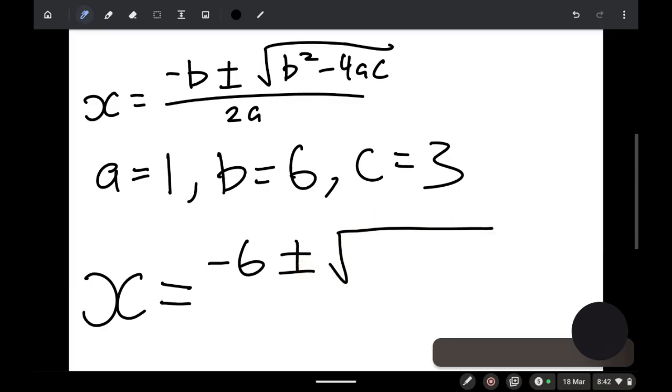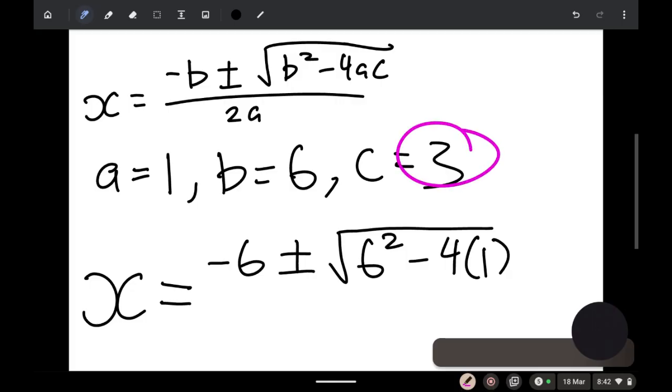Okay, b square, so our b is a 6 as we all know, and we have to put a square, so it would be 6 square. Okay, then minus 4. Our A is a 1, so we'll sub in 4 times 1. Then we must also times it by C, which is number 3.